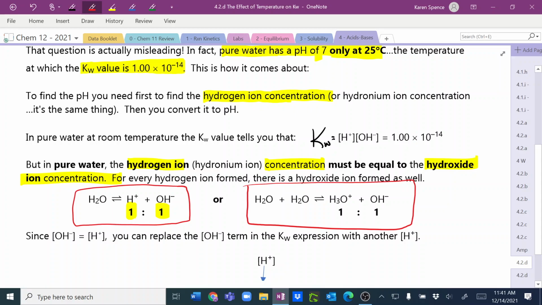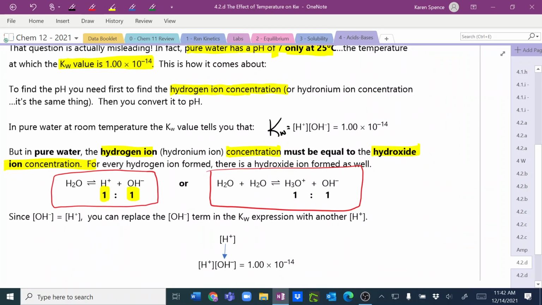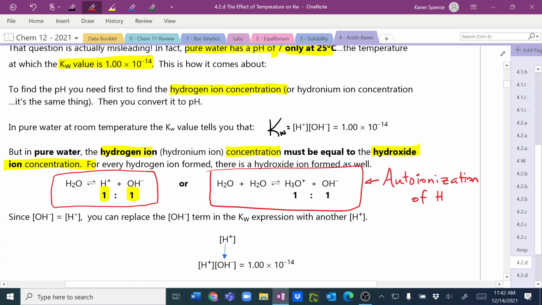By the way, what do we call this process that water is undergoing here? This is called the autoionization of water. So is this. This is also the autoionization of water.